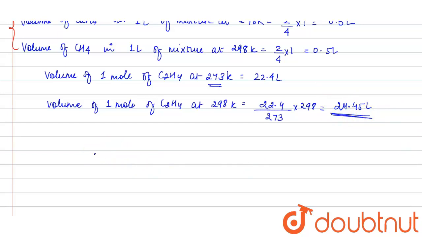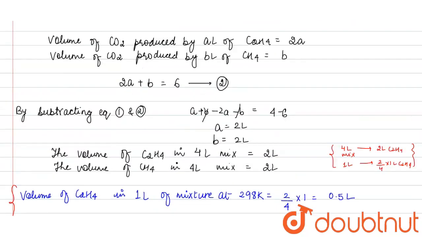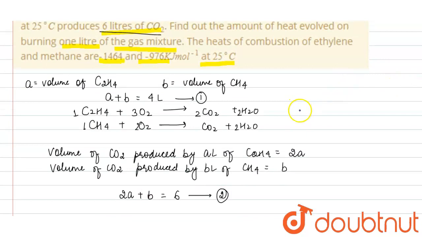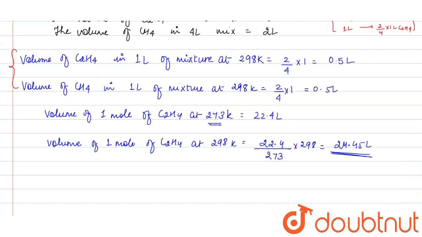Okay, so here see the values. The heat of combustion for ethylene is given as minus 1464 kilojoule per mole, right? And the heat of combustion for methane given is minus 976 kilojoule per mole, right? These are the values given.